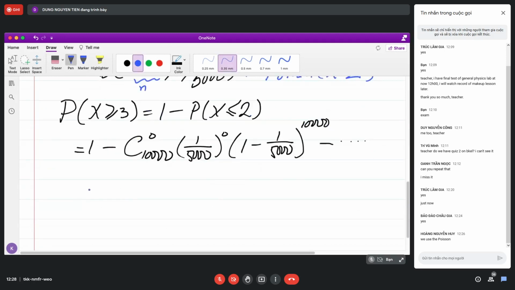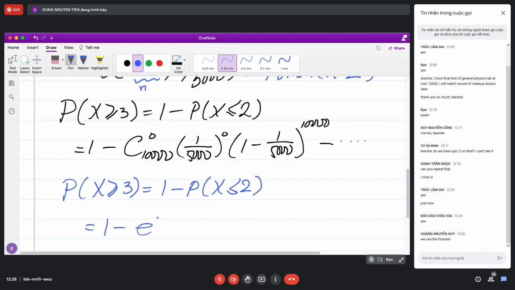It is a Poisson distribution, and you want to find the probability that X is greater than or equal to 3. That is 1 minus the probability that X is less than or equal to 2. And you come up with 1 minus e to the minus 2 times (2 to the 0 over 0 factorial plus 2 to the first over 1 factorial plus 2 squared over 2 factorial).